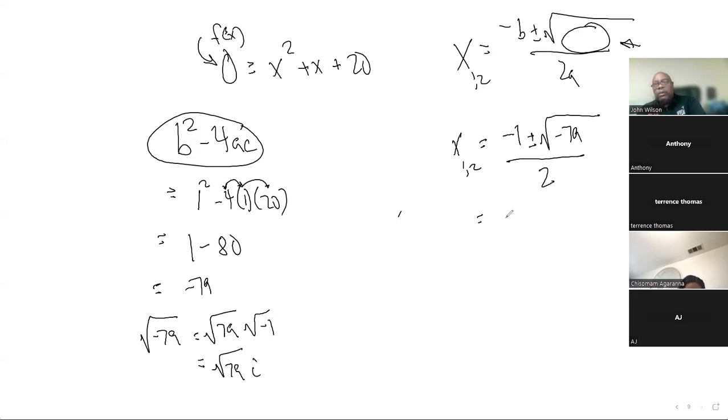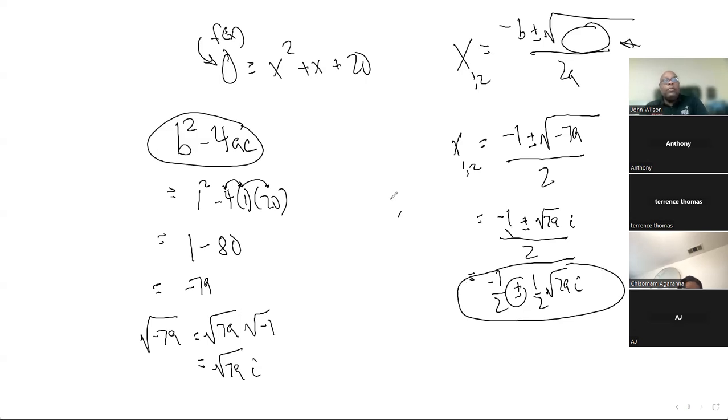So we get minus 1 plus or minus the square root of 79 i over 2. Dividing this out by 2 to each term, we get minus 1/2 plus 1/2 square root of 79 i, and minus 1/2 minus. This is plus or minus. This ugly answer is the answer. So this right here has a very ugly imaginary solution.